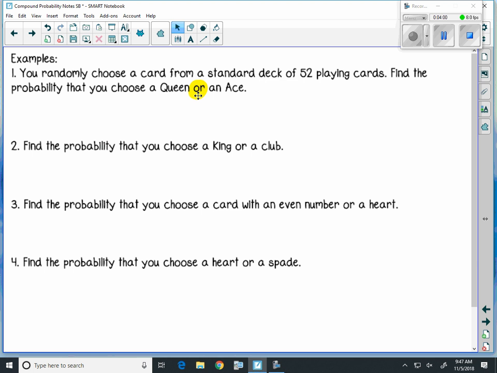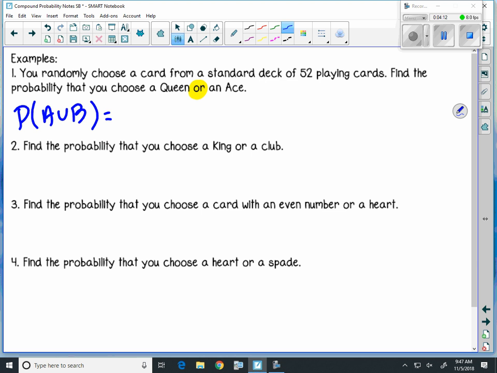Then, if it's a union, you have to decide, is there overlapping or no overlapping? Can we choose a queen ace? Is there a card in the deck that's a queen ace? No. There's a queen or an ace, but there's nothing that's overlapping there.